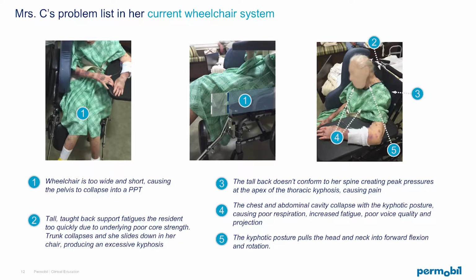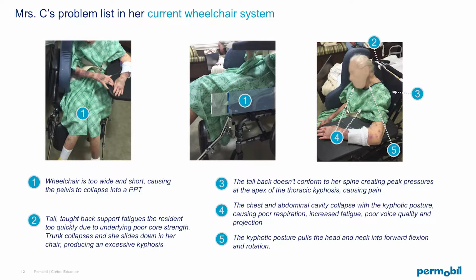So when you're dealing with someone like her who has a significant kyphosis, that apex of the curvature is going to be digging into the back support, really creating a peak pressure, making her at risk for skin breakdown. And she did. She had reddened skin and she was very painful where the apex of her kyphotic curvature was along the spinous process.